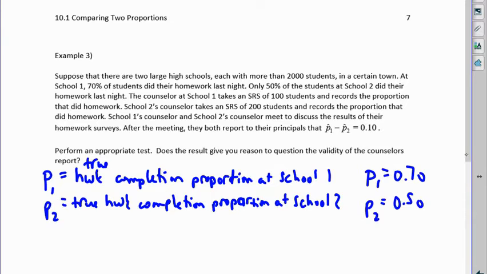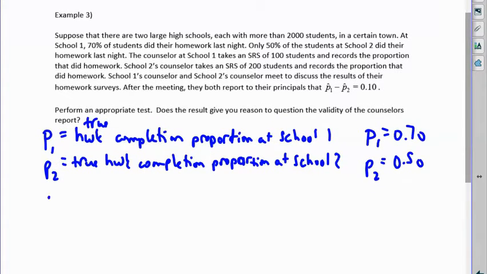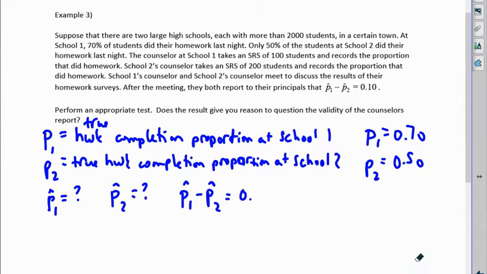But the reality is we do not know the sample values. We don't know the school 1 sample value. We don't know the school 2 sample value, but we do know that the guidance counselors got together and found the difference themselves of 0.1.